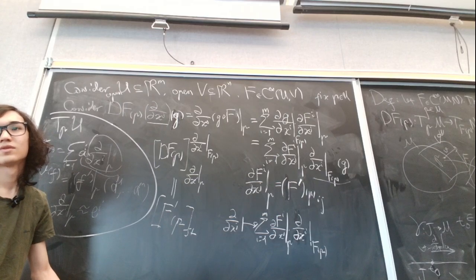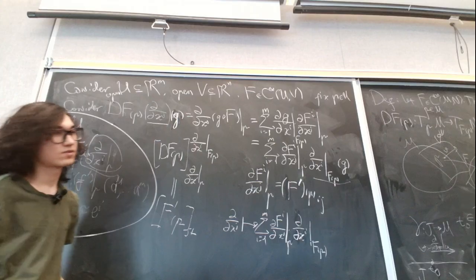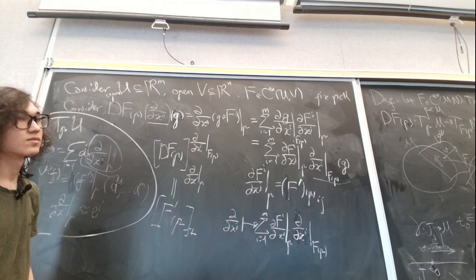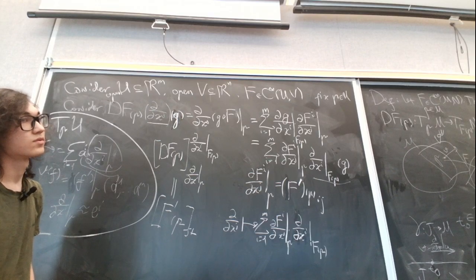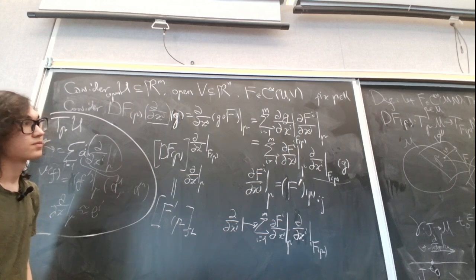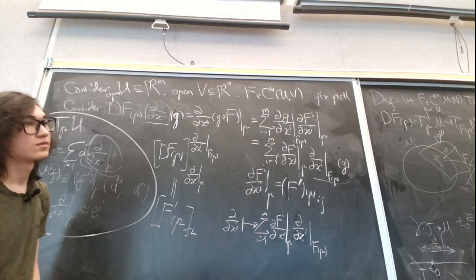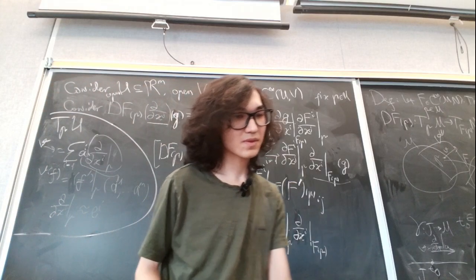You need a translation layer? Yeah, charts. We're just going to need charts, and we write everything down in charts. In charts, I'm once again going to get maps from R^m to R^n, and then I just apply this result. Instead of taking a derivative of f, I'll take a derivative of f pre-composed with a chart and post-composed with the other chart. And so everything will be the same.